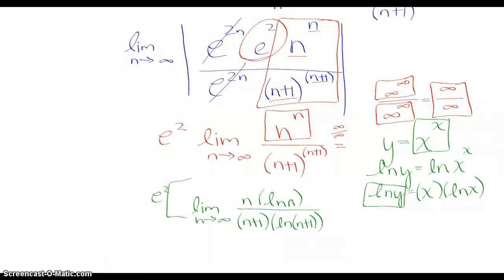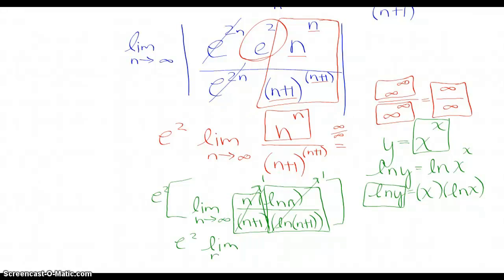So there's what my limit looks like now. And I can tell you that algebraically, that is acting like 1. I can also tell you algebraically, that is acting like 1. So this limit, e squared times the limit as n approaches infinity, is acting like 1.